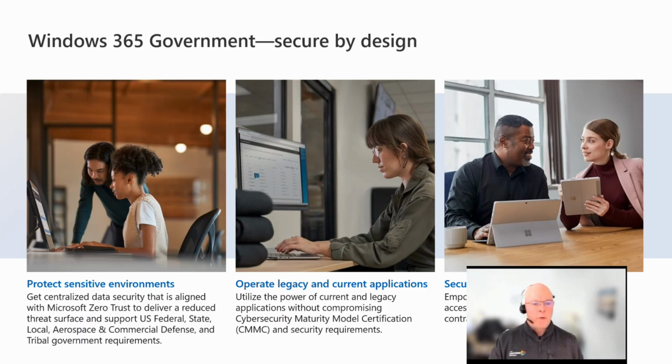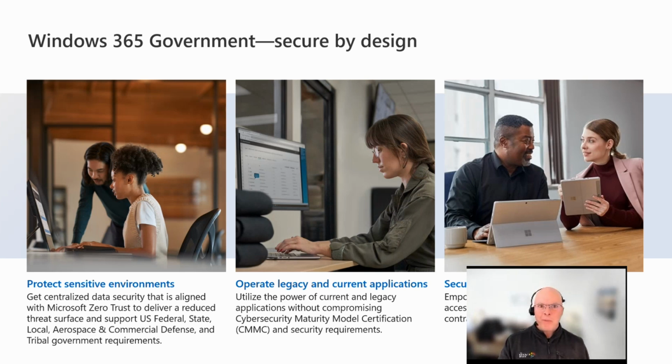I just talked about that a little bit. Wait for this to build out. Don't know why that's not building out for me. Ah, there we go. Protect sensitive environments, operate legacy and current applications. That's key. I'll talk about that in a few minutes, right? For anyone that's worried about, well, geez, I've got this old system over here, this old application was only designed to run on Windows 7, for example.